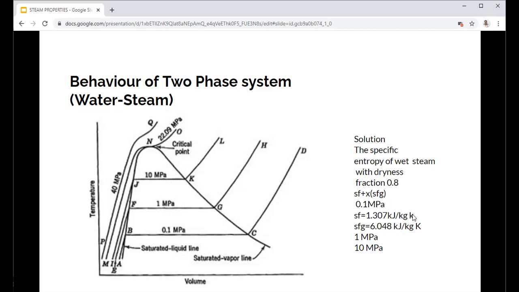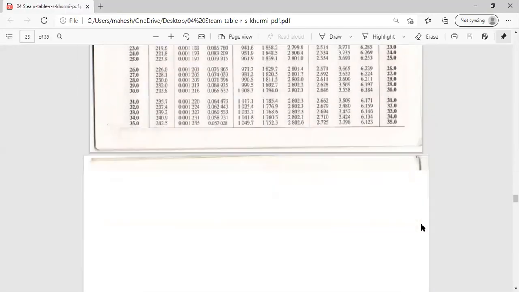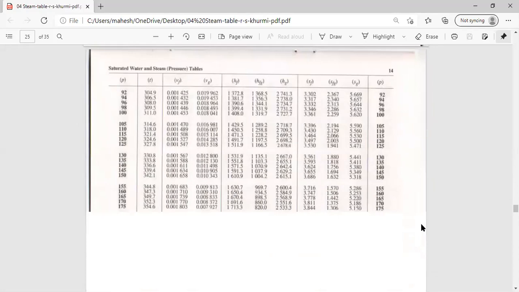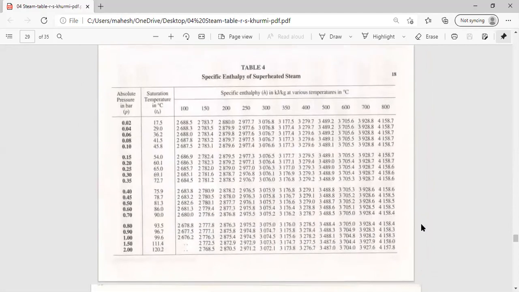What if the steam is superheated? If the steam is superheated, let me just show you again the steam tables. You need to go to the superheated steam tables. There is something called the superheated steam tables. For example, this is the specific enthalpy of superheated steam.